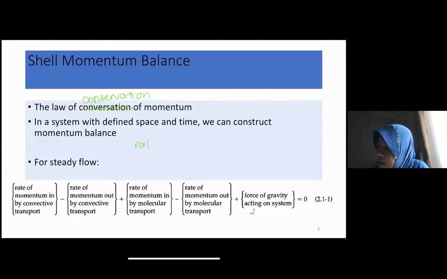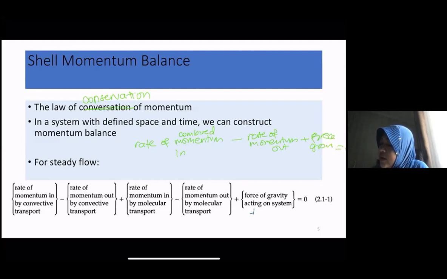We also can write that the rate of momentum in combined, minus the rate of momentum out, plus the force of gravity equals 0.